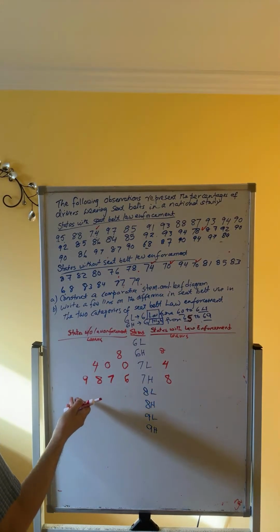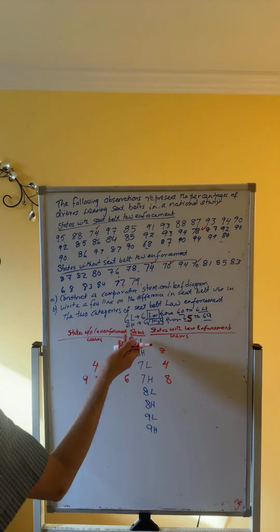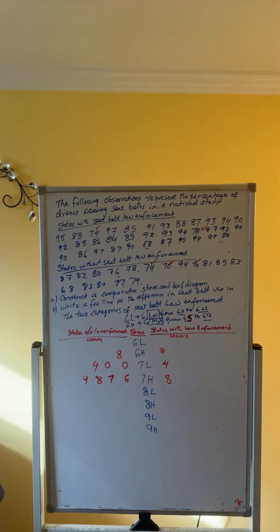So there are 4 leaves in the 7 high category for states without law enforcement. Okay.